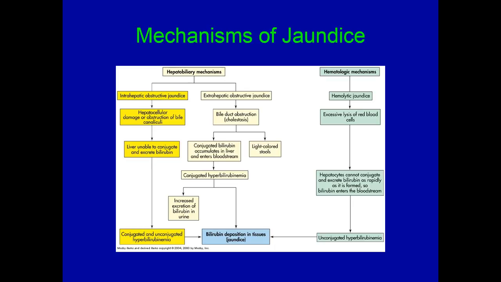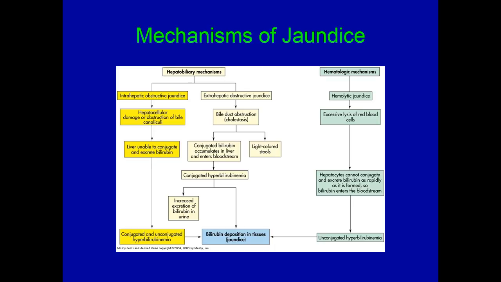Okay, so just showing you now what actually takes place with the mechanisms of jaundice. So we have on this side our obstructive types of jaundice, and you don't have to memorize all of this. Basically what's happening here is because the body can't conjugate or process the bilirubin, it is not going into the stool where it normally goes.